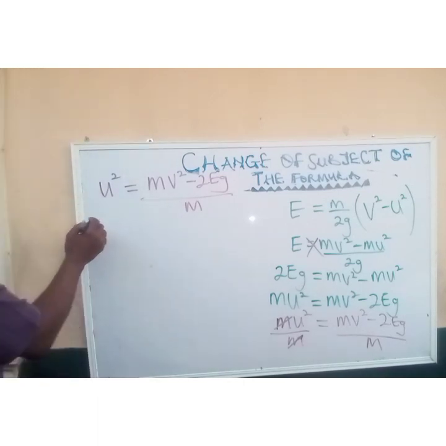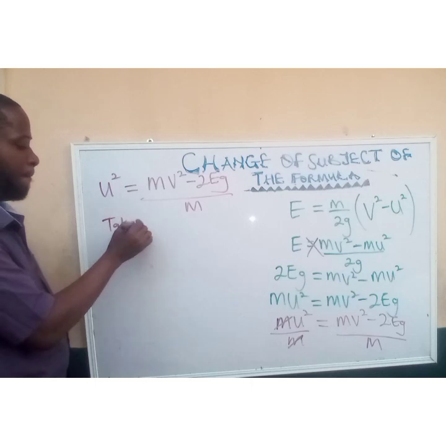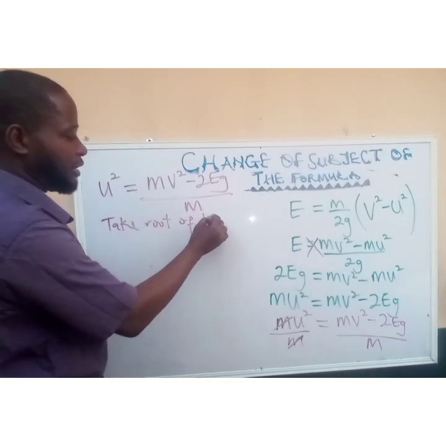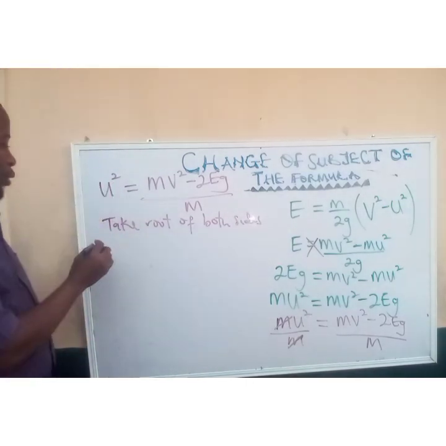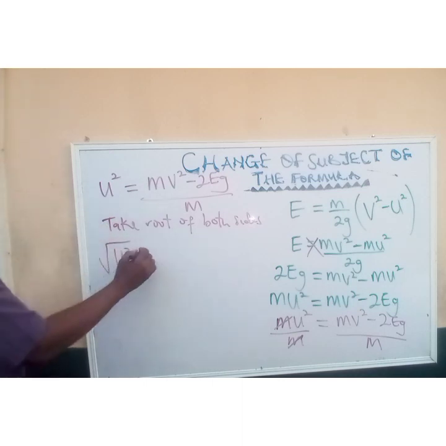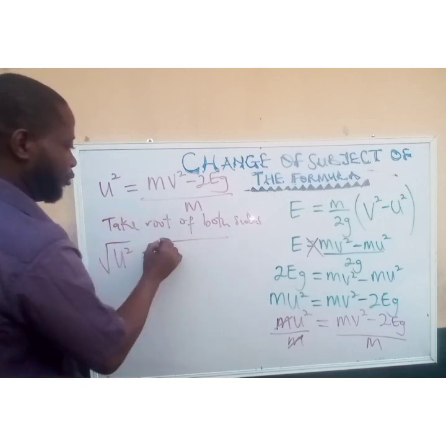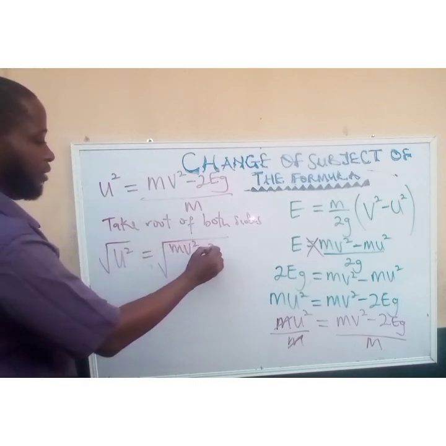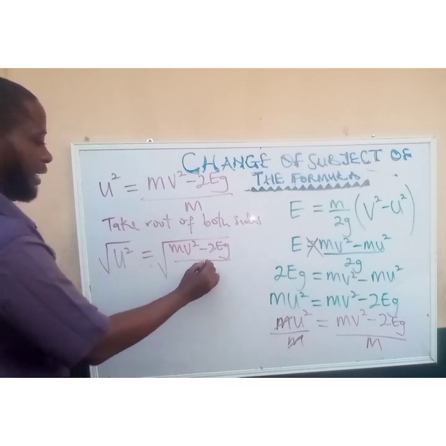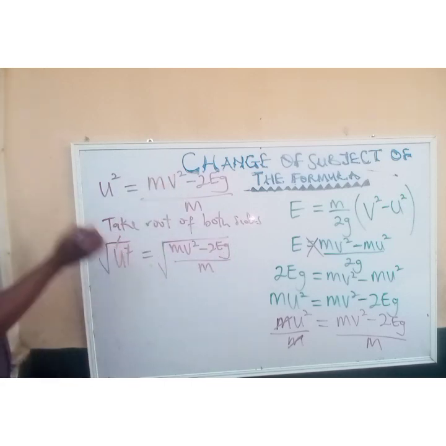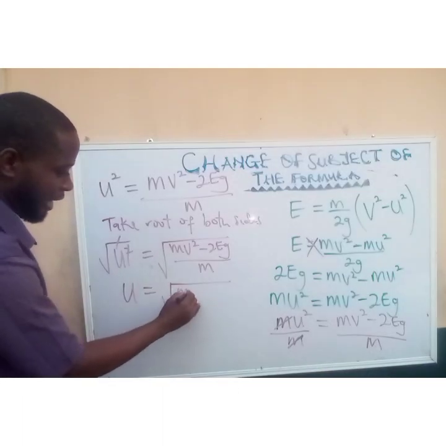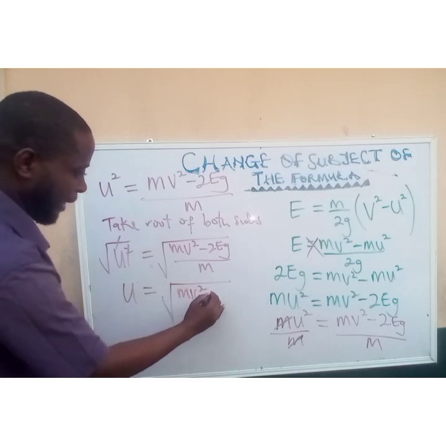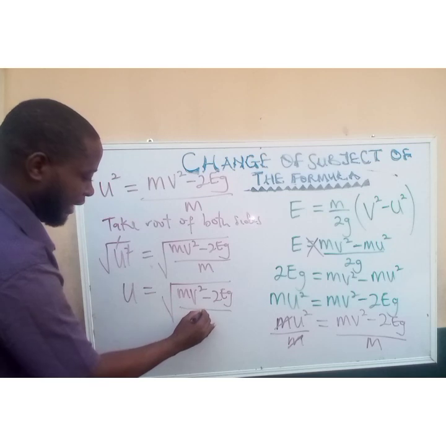So we are going to say take roots of both sides. Don't forget, the reason why we are taking roots of both sides is because of the square here. So for the left hand side, it's going to be root U square, and for the right hand side, it's going to be root of MV square minus 2EG all over M. So the square cancels the root, and then we have U equals the square root of MV square minus 2EG all over M.